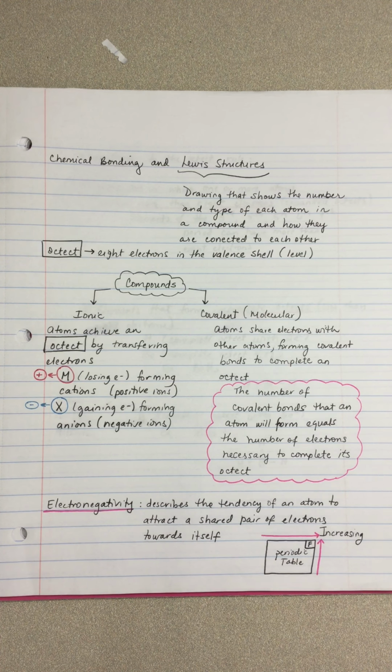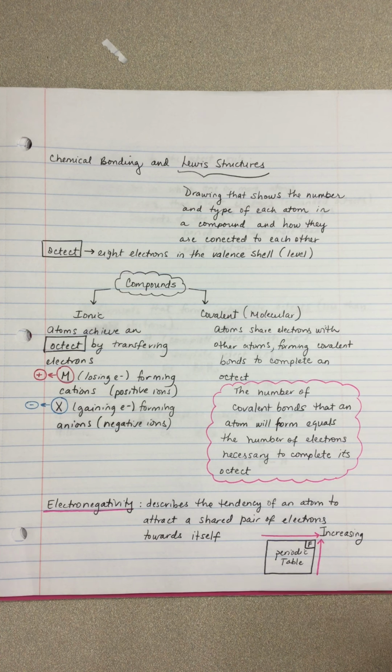When electrons are being shared, they can be equally shared between two atoms that have equal or similar electronegativity, or they are going to be unequally shared if something in that bond has a high value of electronegativity. When something is very electronegative, it likes to pull the electrons towards itself.